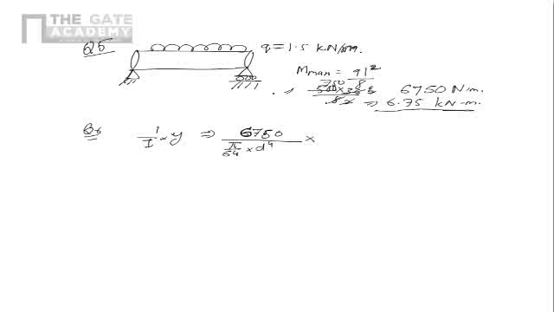Y is the radius, so d upon 2. The value of d is 75 millimeter, as provided to us. That makes it 6750 into 37.5 upon pi by 64 into 75 to power 4.